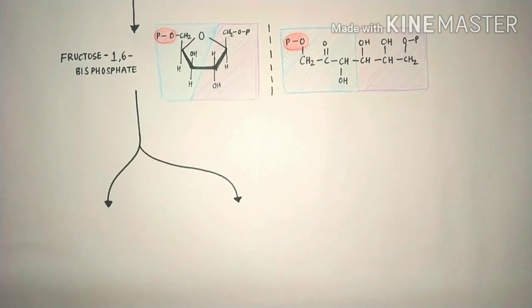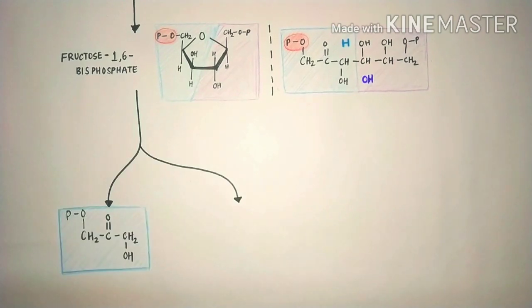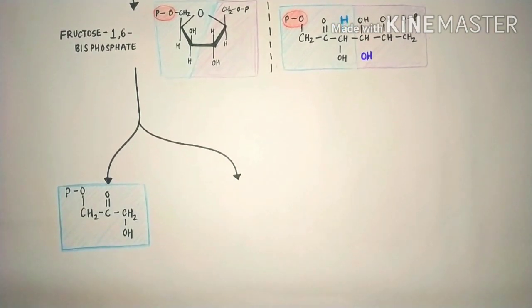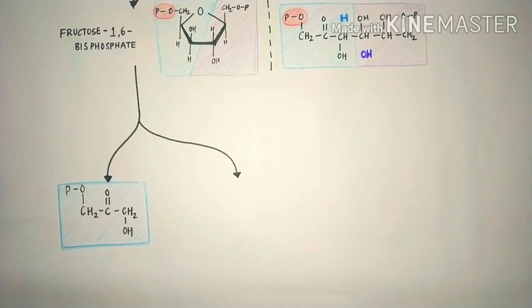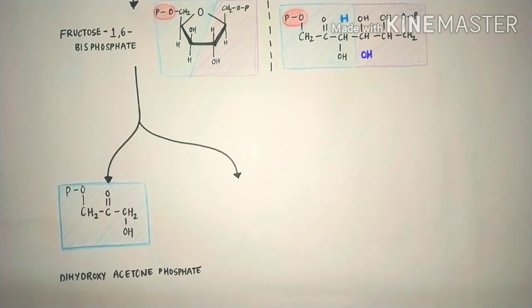Fructose 1,6-bisphosphate is hydrolyzed. The carbon 1, 2, 3 unit forms a 3-carbon ketone, acetone, with 2 hydroxy groups, that is dihydroxyacetone. Again, we're considering OP and OH same for the core structure. So dihydroxyacetone has a phosphate, so it becomes dihydroxyacetone phosphate.